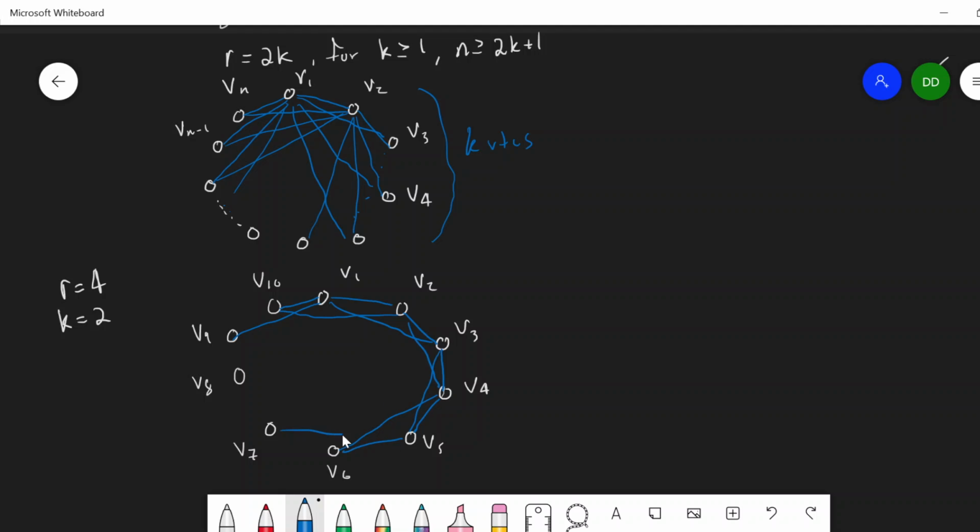V5 is adjacent to those two, as well as the preceding ones. But notice those are already drawn in, so I don't need to draw them again. And there we have a 4 regular graph of order 10 produced with the method used in the proof.